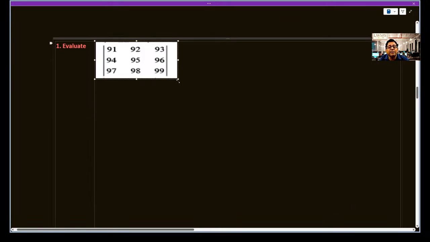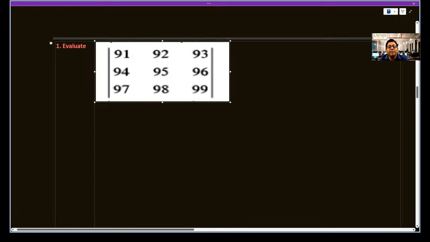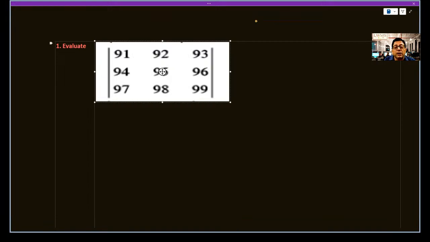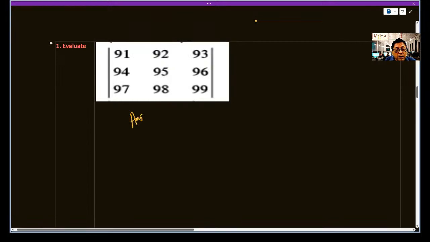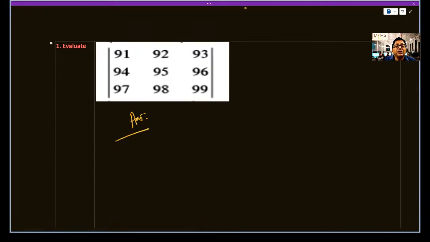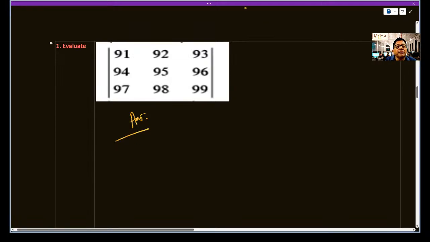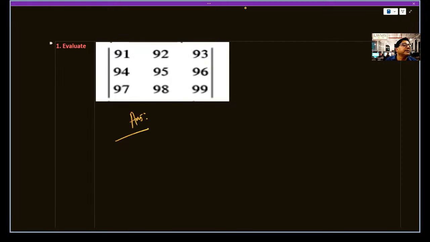Let us start with this sum where we are going to apply all the properties we have learned. For this one, we subtract this one from this one and this one, because it can be done.